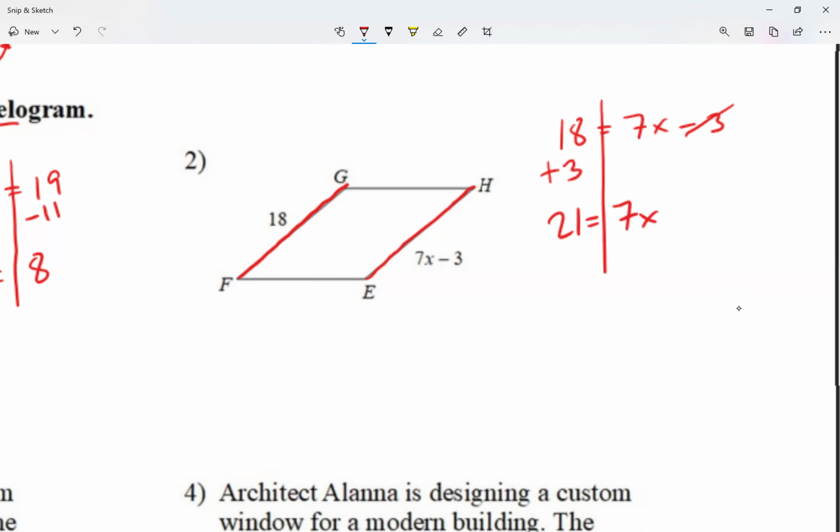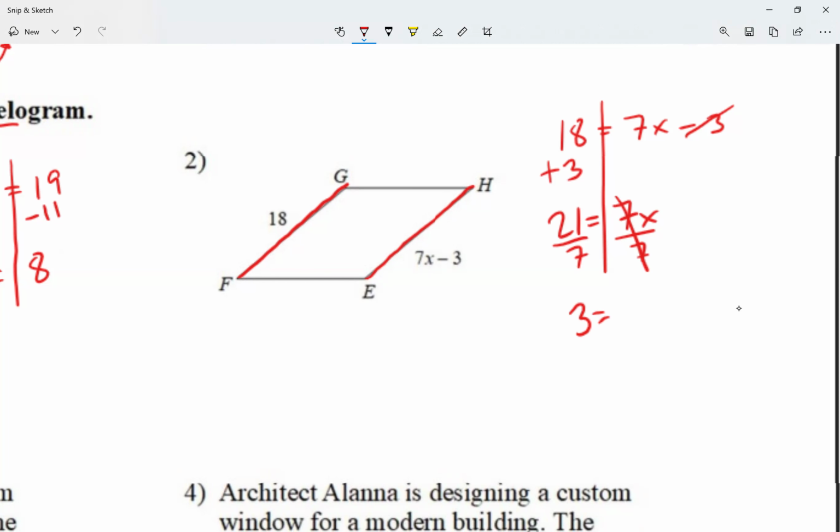To get the x by itself, let me divide both sides by 7 because it's the coefficient of x. All right, coefficient is the fancy word for the number in front of. So the number in front of x, or the coefficient of x, is 7. So I'm going to divide both sides by 7. I know 21 divided by 7 is 3. 7 divided by 7 is 1.